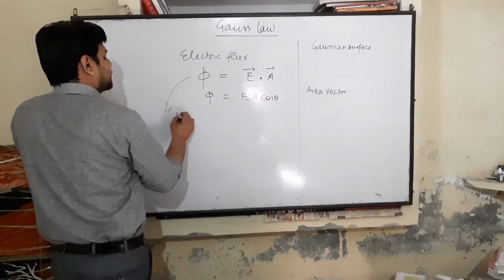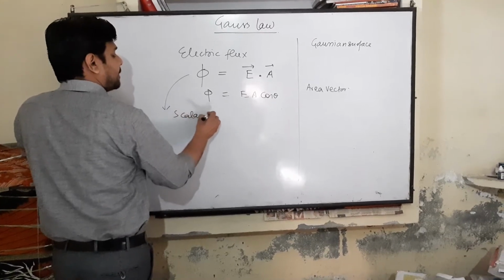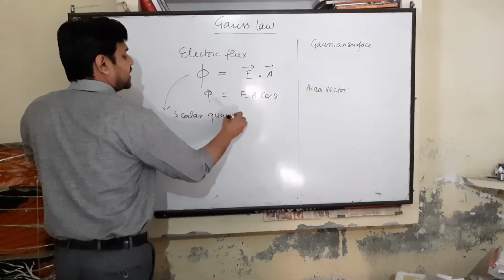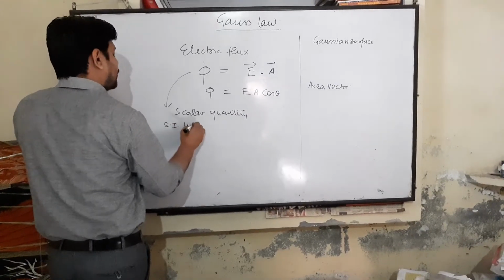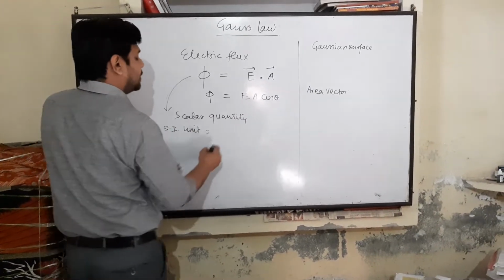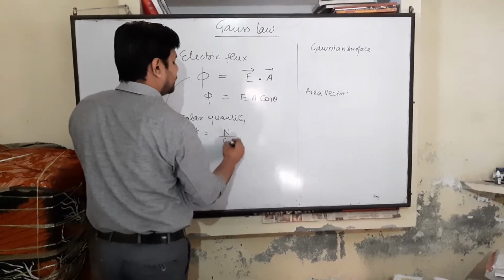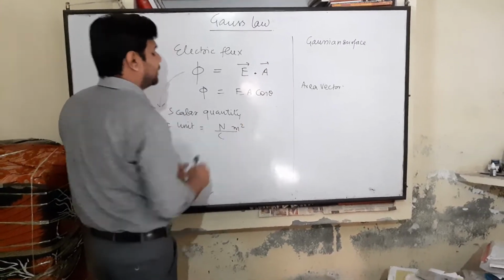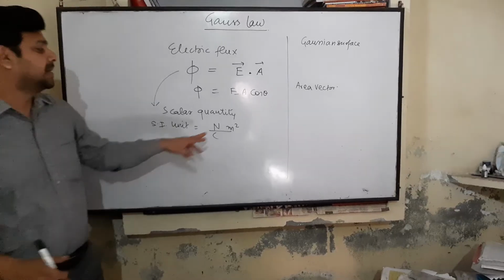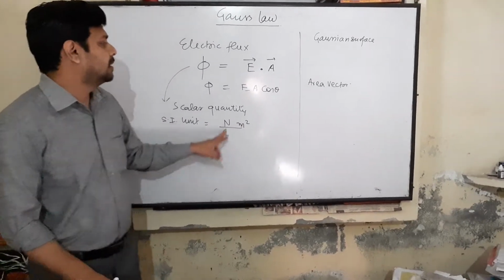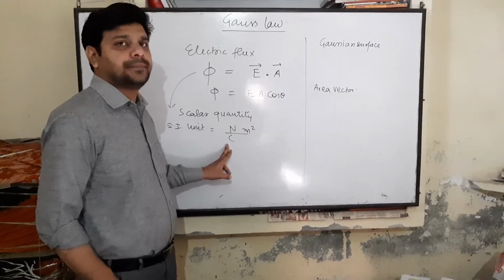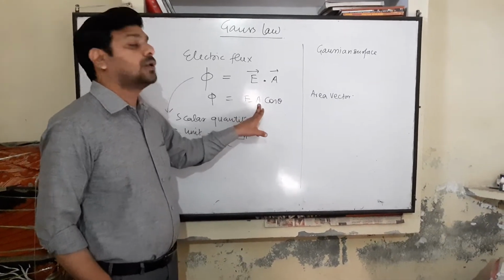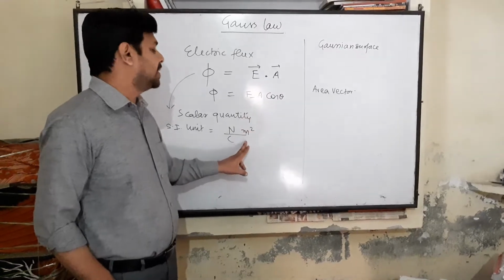Electric flux is a scalar quantity. The SI unit for electric flux will be Newton meter square per coulomb. The SI unit of E is Newton per coulomb, and the SI unit for area is meter square.